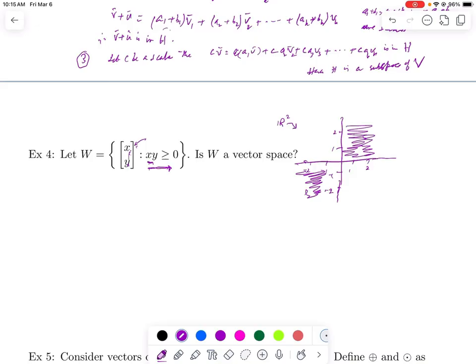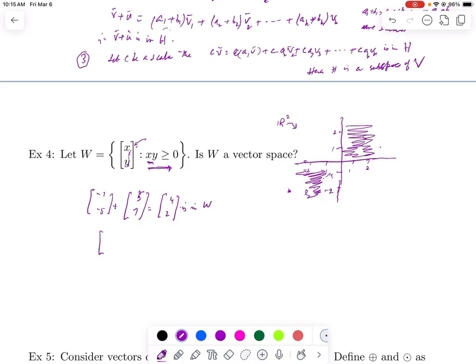Now if you take a vector here and a vector over there, and you add them, will they always be in one of these places? Well, you can check. If I take -1, -5, and I take the other one as 5, 7, I get 4, 2. So this will be in there.